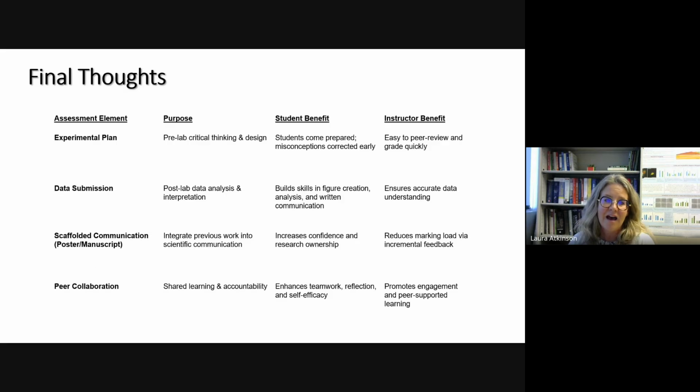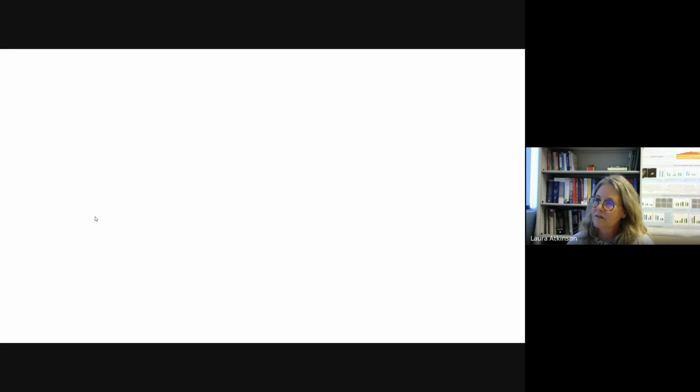And because they have already done all the work and the bits for that, it really is more a communication assessment rather than a data analysis or understanding. And then the peer collaboration, it really enhances teamwork and reflection when they are working together on projects.